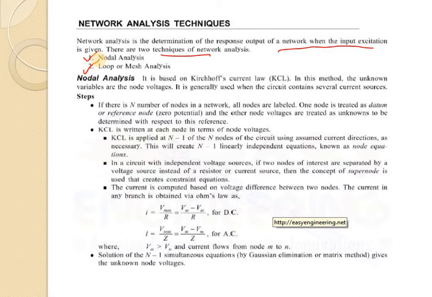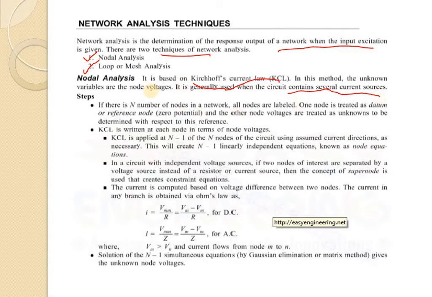Nodal analysis is based on Kirchhoff's current law, KCL. In this method, the unknown variables are node voltages. It is generally used when the circuit contains several current sources; then it is very helpful to use KCL.